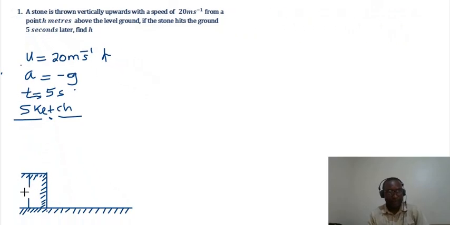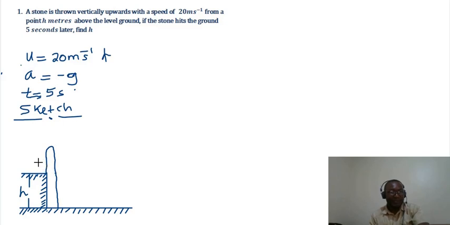So this here is our height h, and this here is going to be the point where this stone is thrown from. So it's going to be thrown from that point, goes up, turns, and comes back to fall on the leveled ground. Okay, now first we know that if this stone has to move from here and comes up to this point here, same level, it has moved 0 displacement.